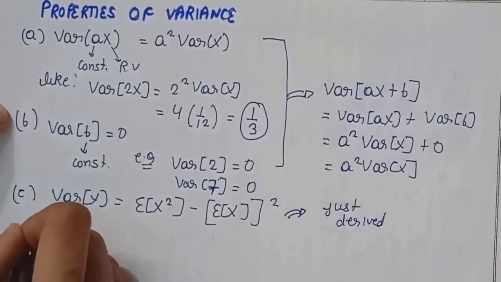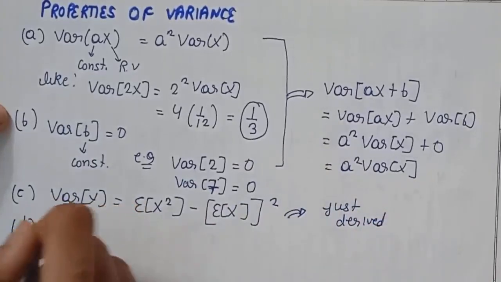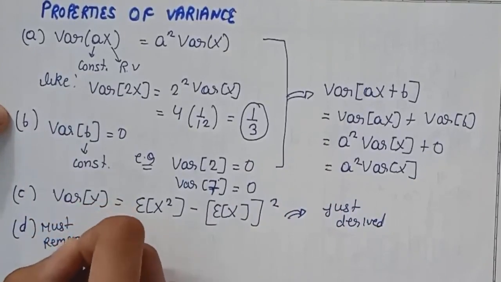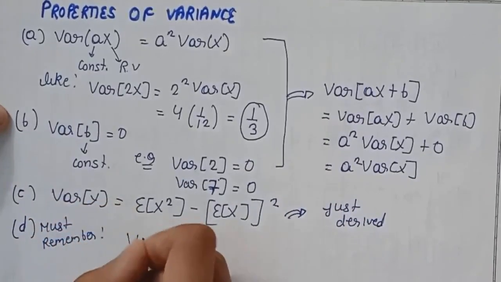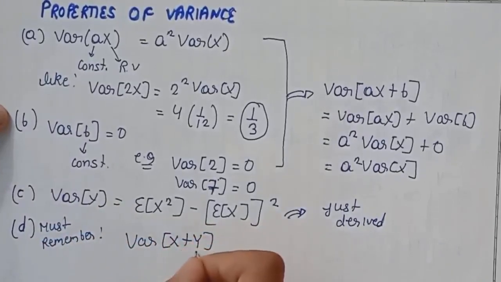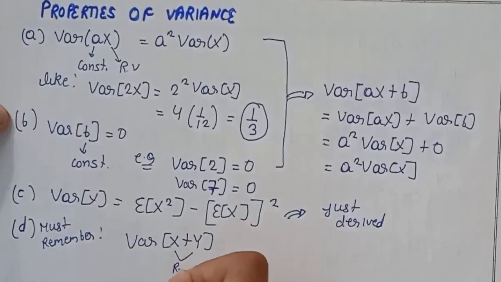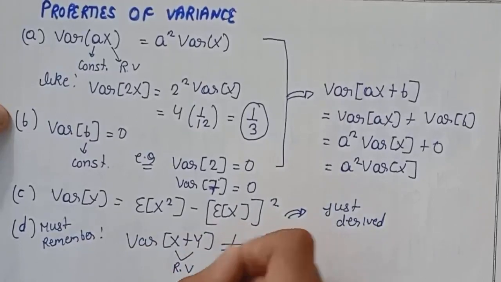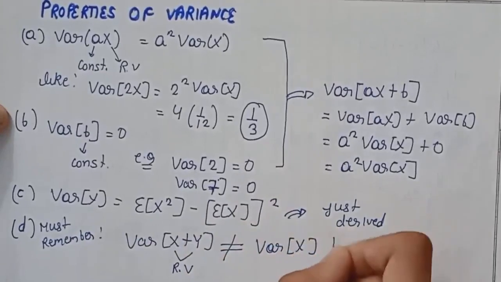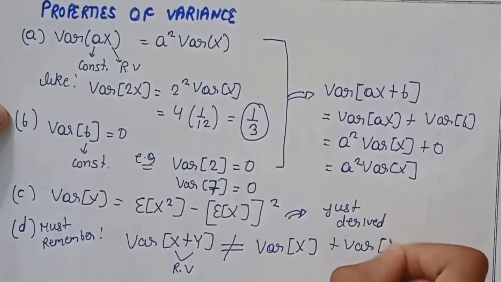Another thing that you must note about variance is that variance of x plus y, where x and y both are random variables, is not equal to variance of x plus variance of y.